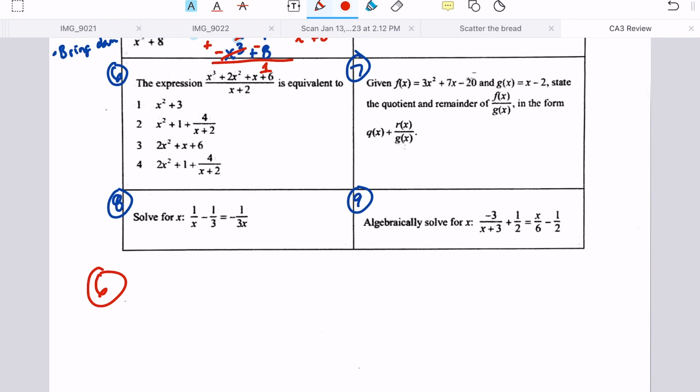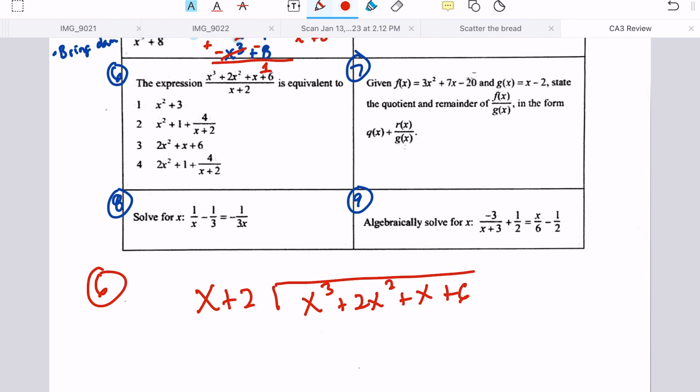So we're going to have x plus 2. How many times does that go into x cubed plus 2x squared plus x plus 6? Remember the 4 steps of long division are divide, multiply, subtract, and bring down. So guys, let's look up here, please.